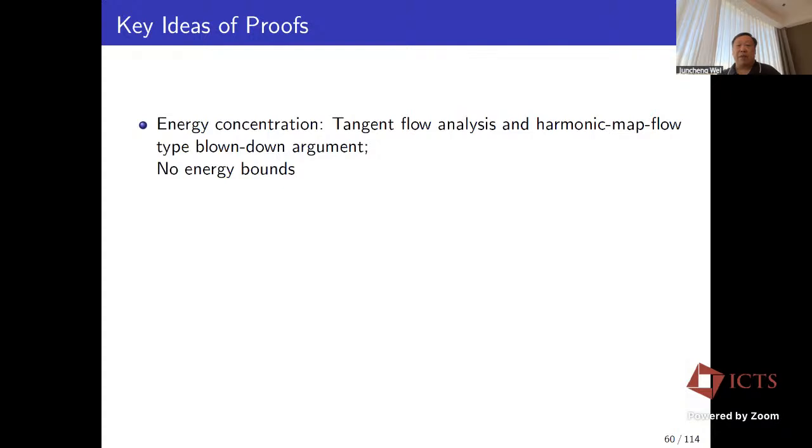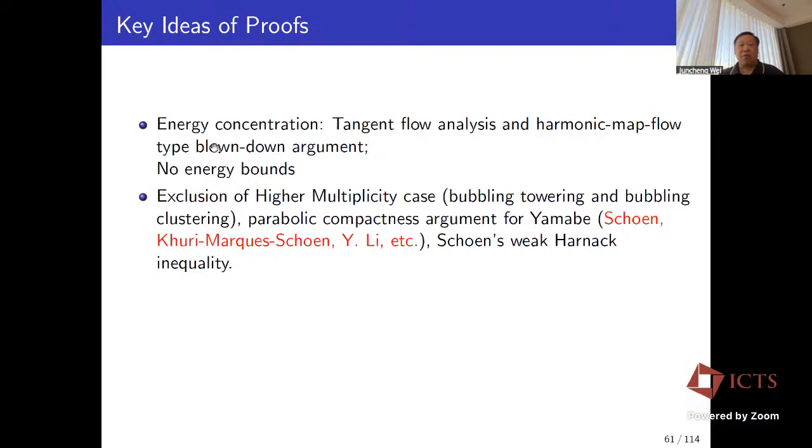So how to prove this? For the reverse bubbling, we use the energy concentration. We exclude the higher multiplicity case, bubble tower and bubble cluster. And this is a parabolic compactness argument for the Yamabe problem. For the Yamabe problem, there's an elliptic compactness argument by Schoen, Khuri, and other people.